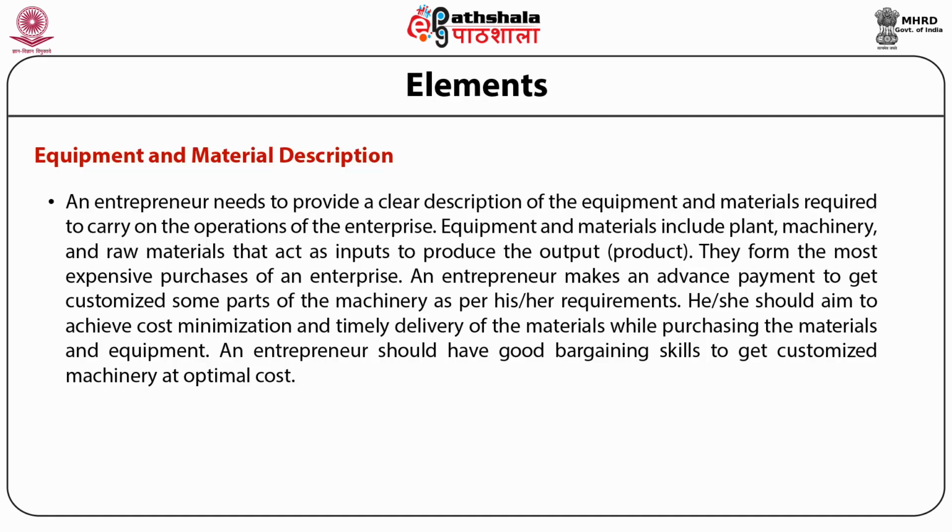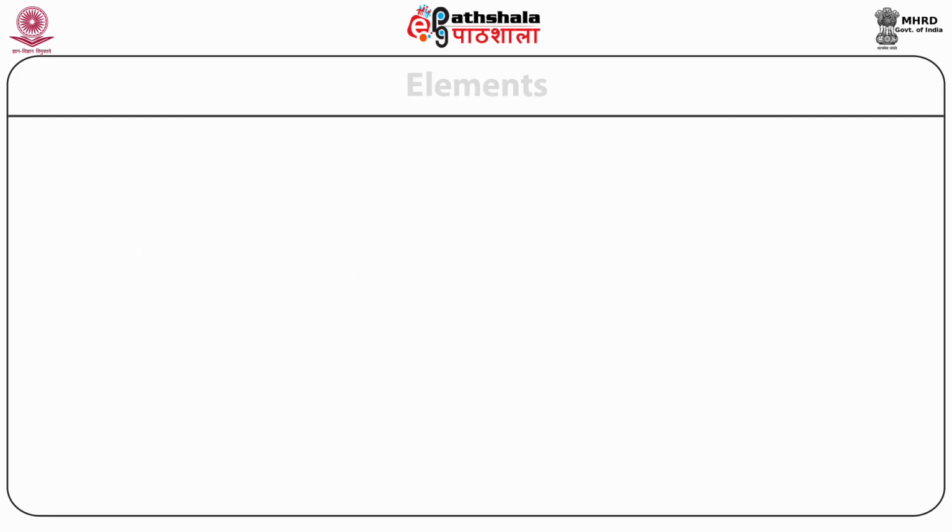An entrepreneur makes an advance payment to get some parts of the machinery customized as per his or her requirements. He or she should aim to achieve cost minimization and timely delivery of the materials while purchasing the materials and equipment. An entrepreneur should have good bargaining skills to get customized machinery at optimal cost.